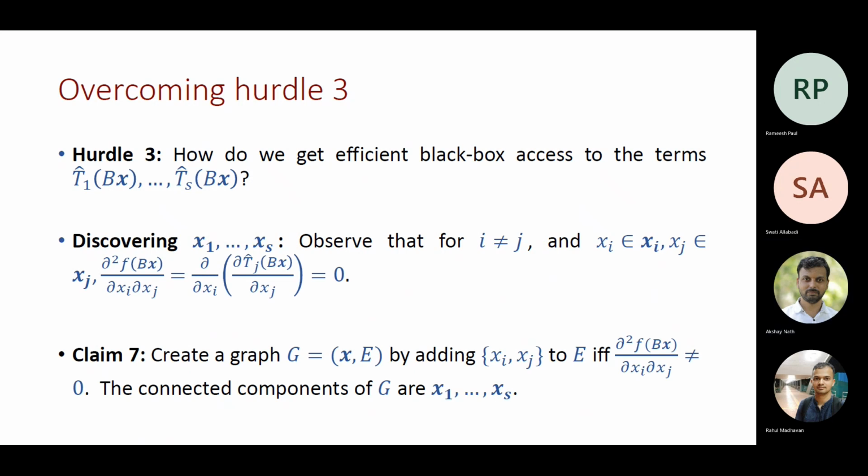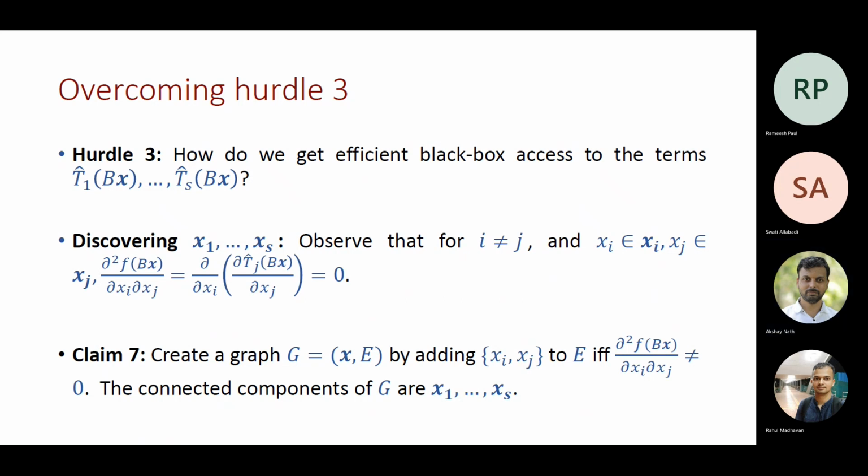Observe that if i is not equal to j, then for xi in the variable set Xi and xj in the variable set Xj, the double derivative of F of Bx with respect to xi xj is just the derivative with respect to xi of the derivative of t hat j Bx by xj.